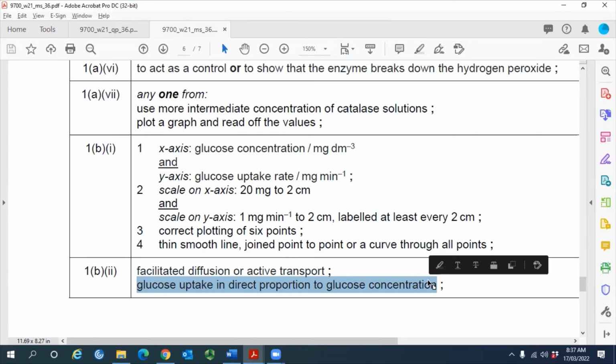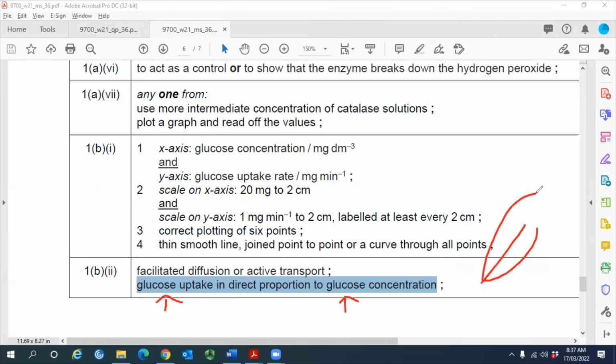Proportional is a straight line. Proportional to means when this one increases, this one also increases. So this is called proportional. You can increase this way, this way, this way. These all increase.